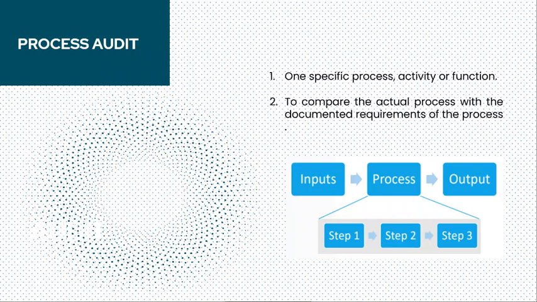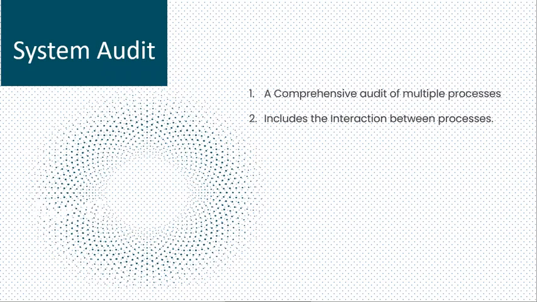Now coming to the third type of audit, that is system audit. System audit is a comprehensive audit of multiple processes. I'm repeating it again: a comprehensive audit of multiple processes. So in process audit, you audit only one process. Let's say you just audit the process of training, or you just audit the process of calibration of instrument, right?